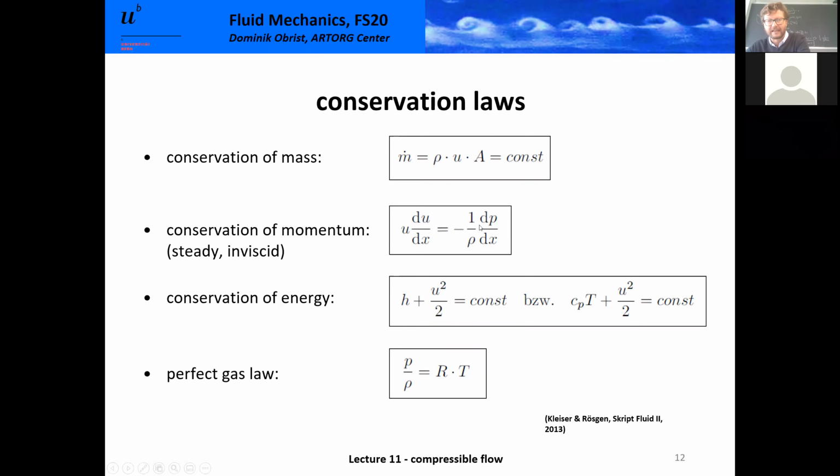On the right-hand side, we have the pressure gradient in x, dP dx. We divide by rho because in this form, the rho is taken from the right-hand side to the left-hand side. In the classical Navier-Stokes equation, we had in addition, on the right-hand side, the viscous term, but I told you today we're neglecting viscosity.